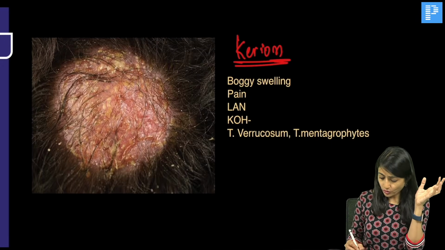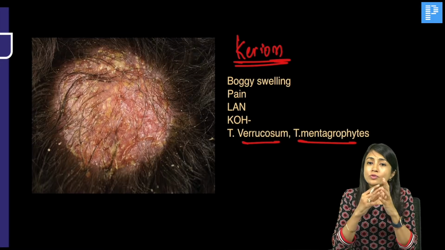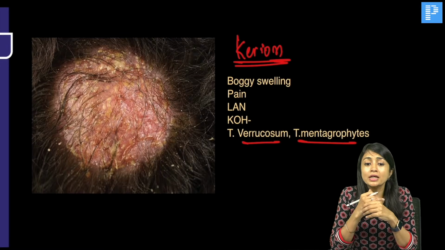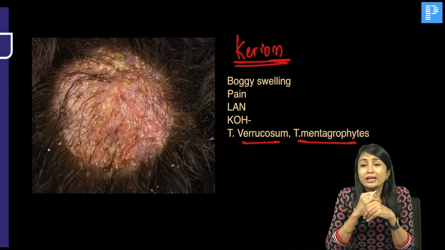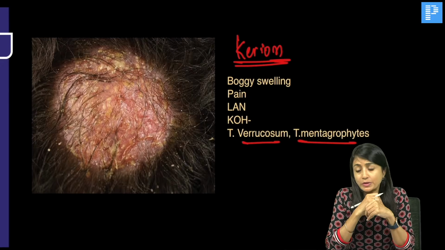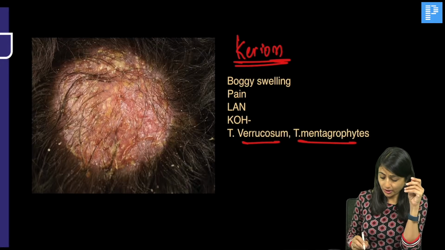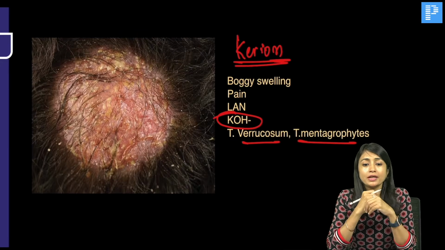Kerion, very good. So, it is caused by species with long names that are difficult to remember. So, verrucosum, mentagrophytes, what kind of species are these? So, tell me, inflammatory Tinea capitis is caused by what kind of species? And why do I say that KOH is negative here? Why is KOH negative?